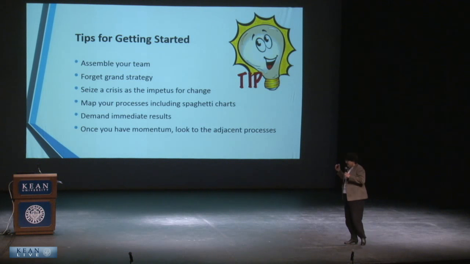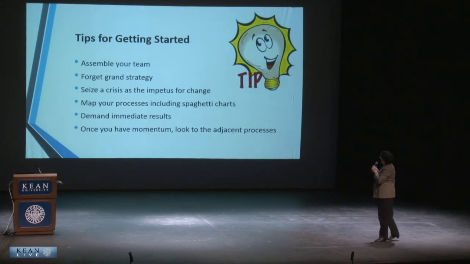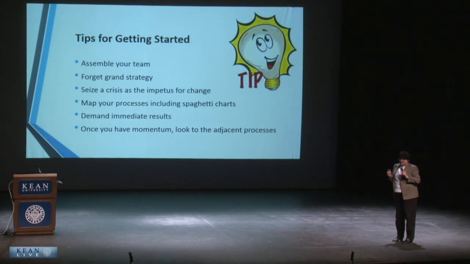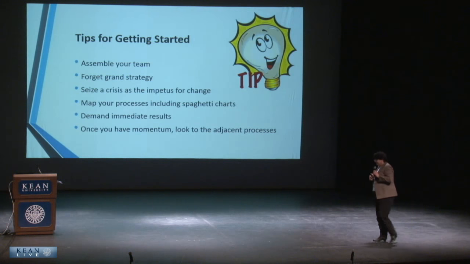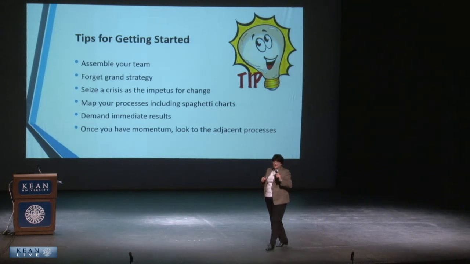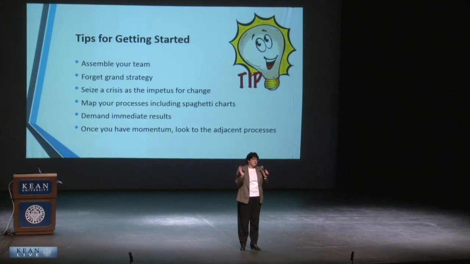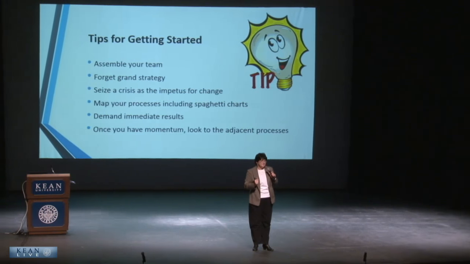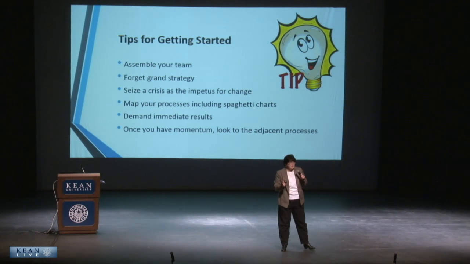Now, tips for getting started. I want to make sure we have enough time. First thing, you're going to assemble your team. We talked about that. The second thing is your grand strategy. A lot of people think, oh, my process has to be perfect. Well, we strive to be perfect, right?